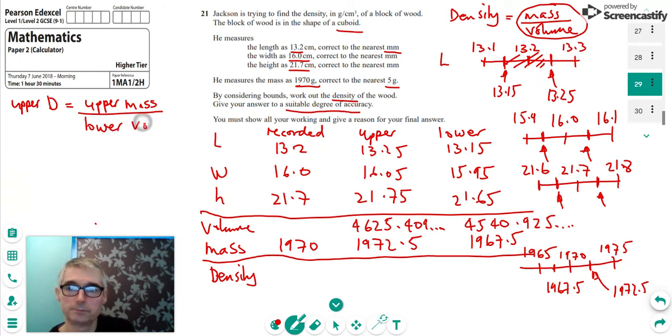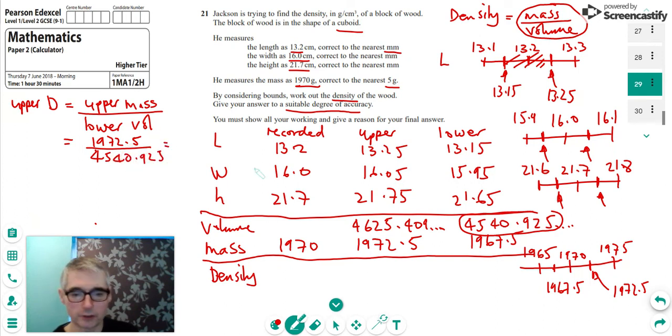So the upper boundary for the mass is 1972.5, and our lower value for the volume is 4540.925. If we do that on the calculator, we get 0.4332, and we could keep going with that.